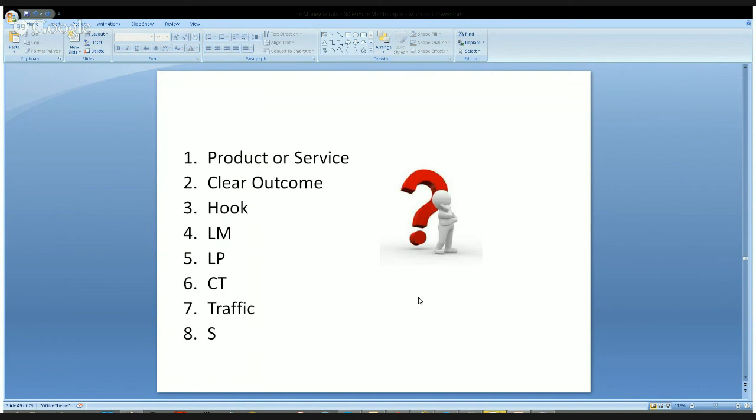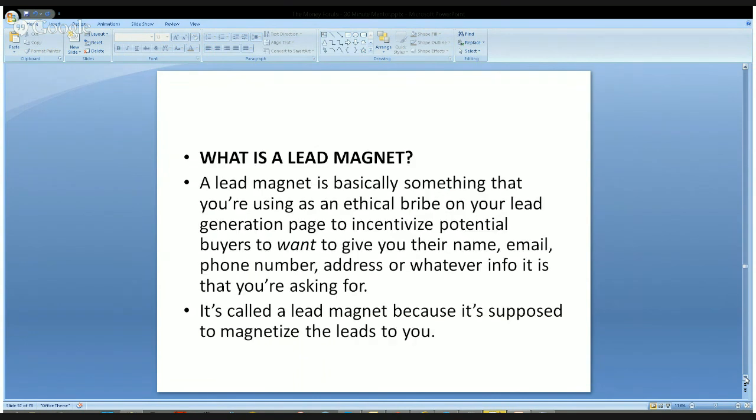The hook was about getting their attention, and the lead magnet is about the next bit. It's about stimulating that interest to get them to desire what you have. And so if we move on, there we go, lead magnets. That's where we're up to with this training.